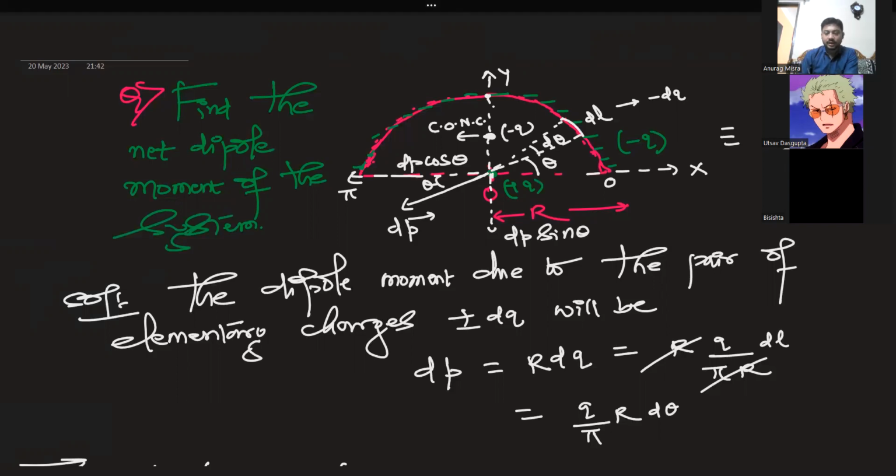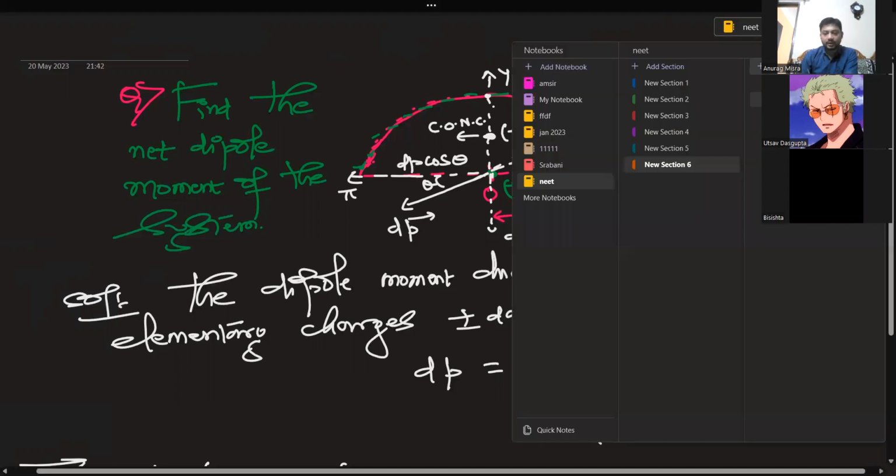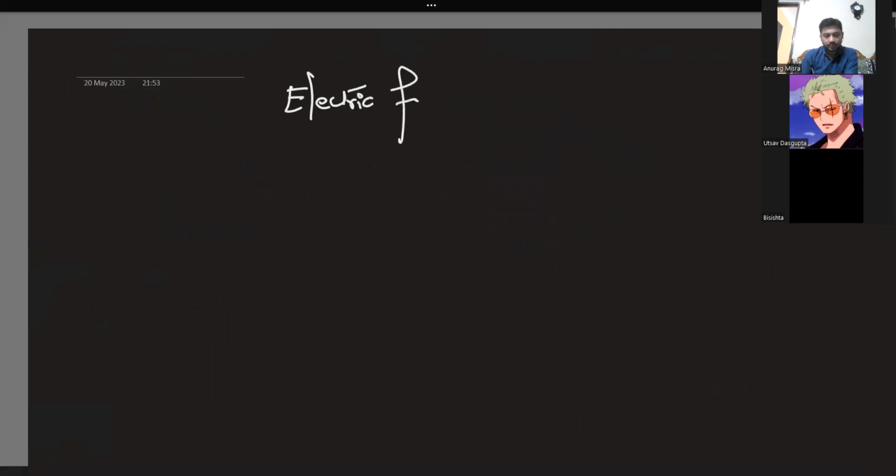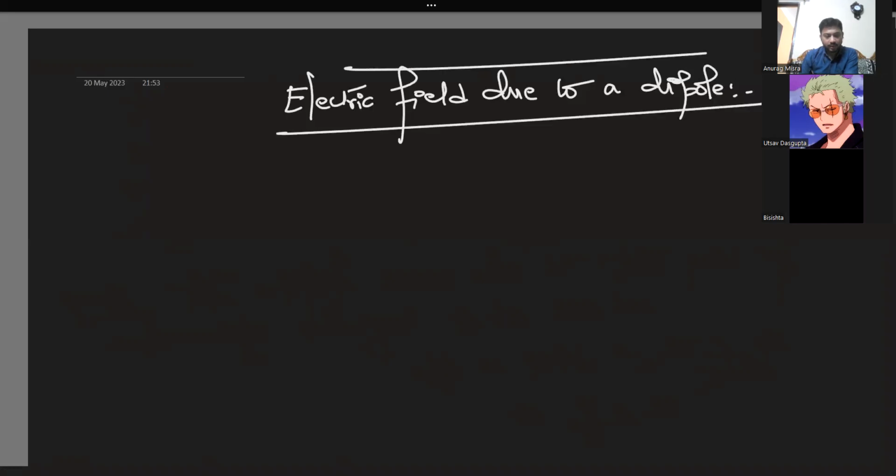Yes. Now coming to the case of electric field due to a dipole. Remember, if I have a dipole, say minus q and plus q, the center is O, and suppose from the center, at a point r at distance small r, we are trying to find the field.